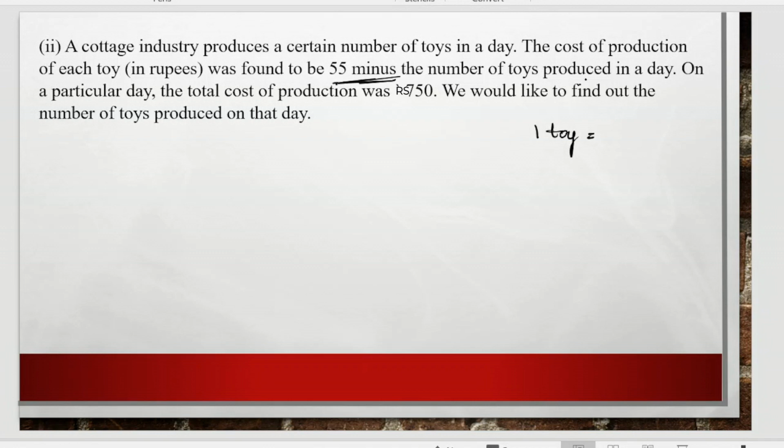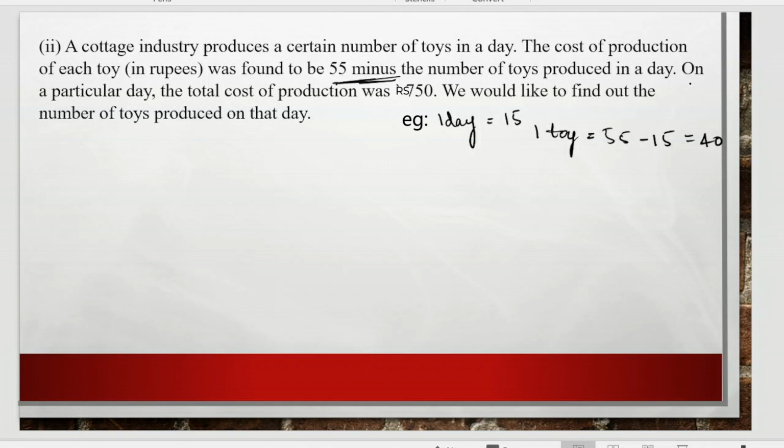For example, if the number of toys produced in a day was 15, the cost of one toy is 55 minus 15, so you will get 40 rupees.